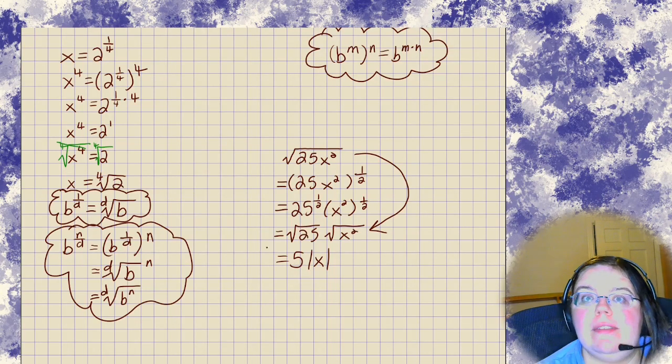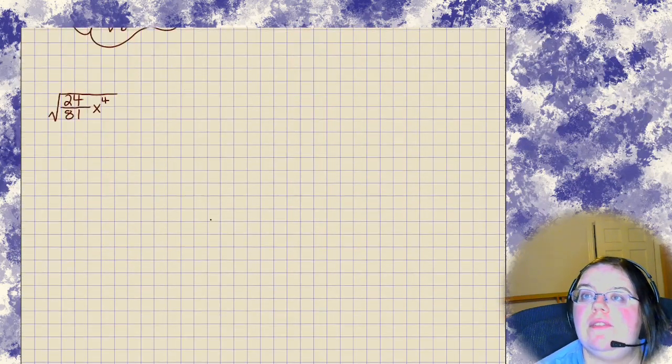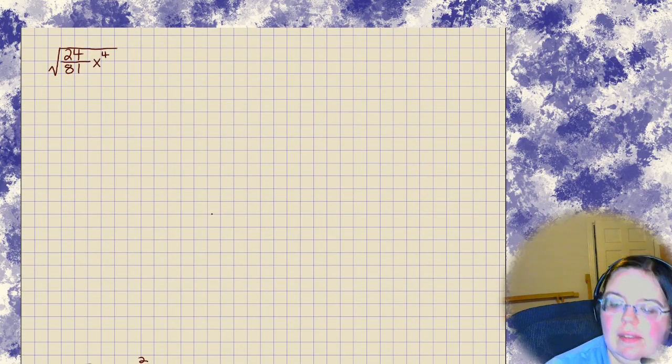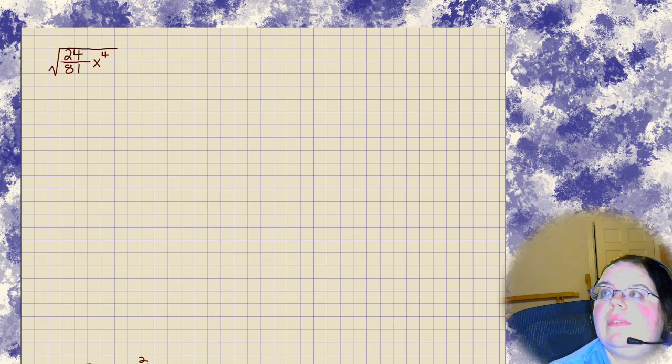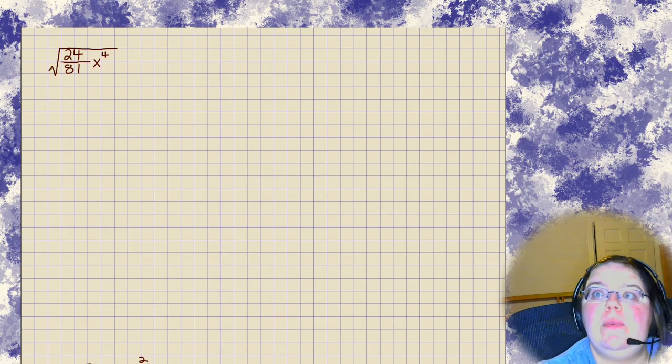So I've got some more examples, and here's one. We're using what we know in this one about radicals, which is that radicals apply nicely to factors. So really, if we've got this factor here, 24 over 81 to the 1/2 power, and this factor here, x to the 4th to the 1/2 power, we can rewrite it this way.